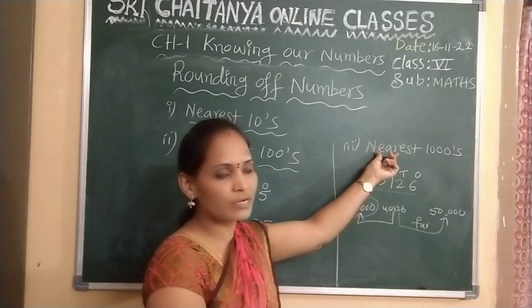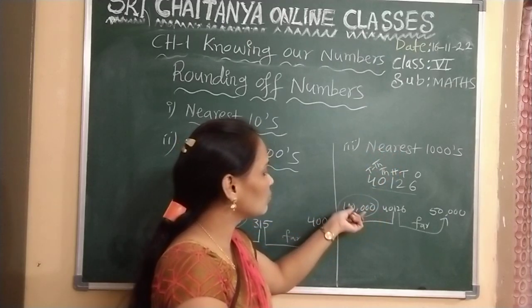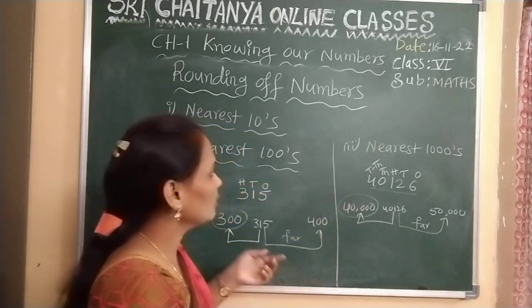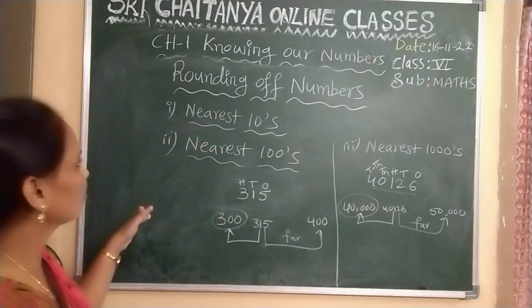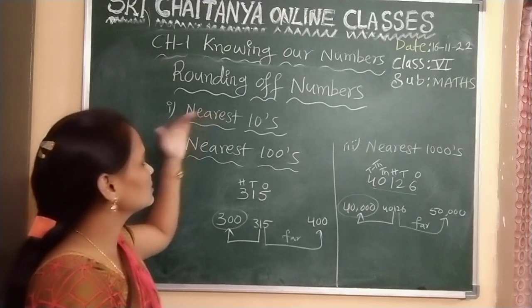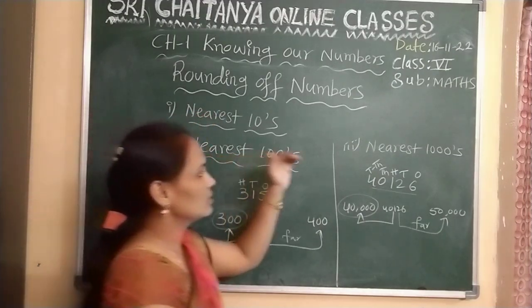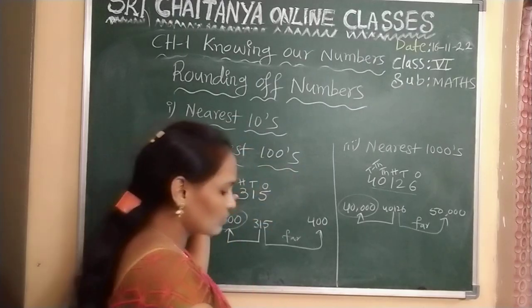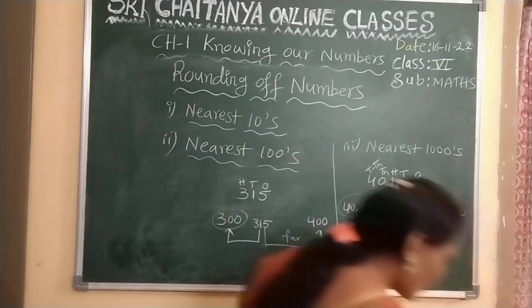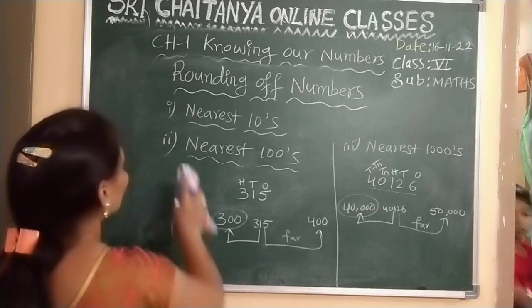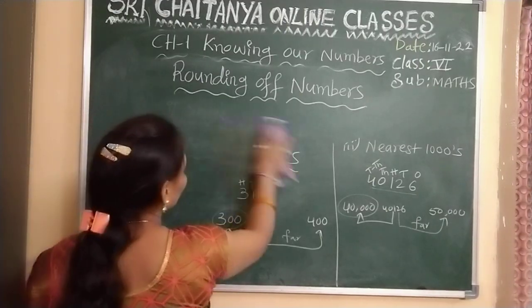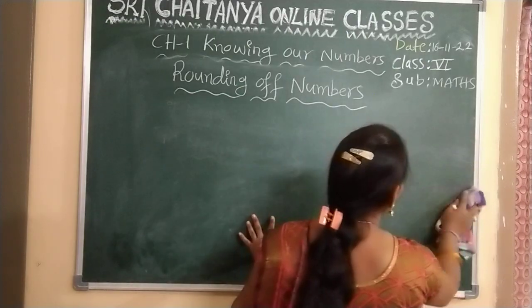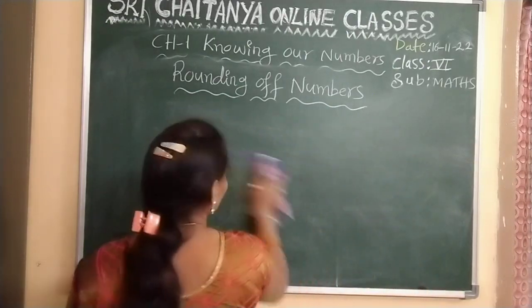Whatever nearest number is there, for that number only we round the given number. Now I hope you are clear about nearest tens, nearest hundreds, nearest thousands. Based on this concept only, you have questions from exercise 1.2. A few questions I will explain for you, and a few more you can do yourself as practice.